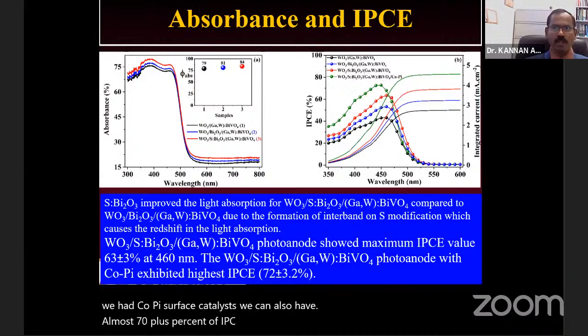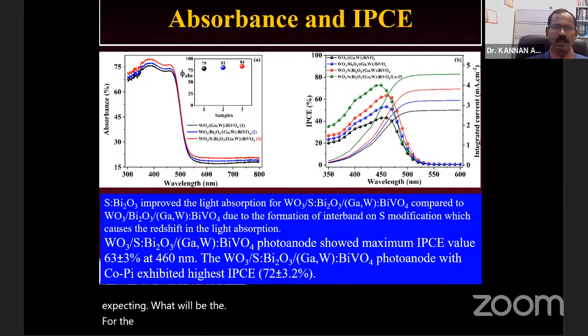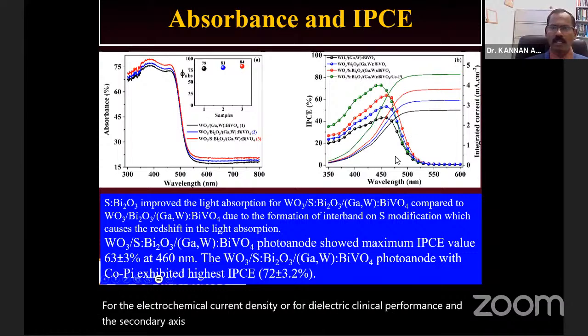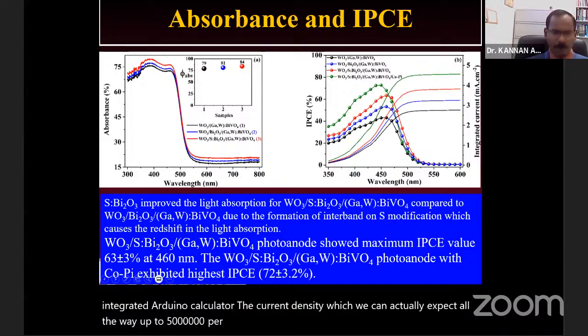That's very important in terms of expecting the photoelectrochemical current density or performance. And on the secondary y-axis in the chart on the right-hand side, you can also see the integrated or calculated current density, where we can expect all the way up to 5 milliamperes per square centimeter.